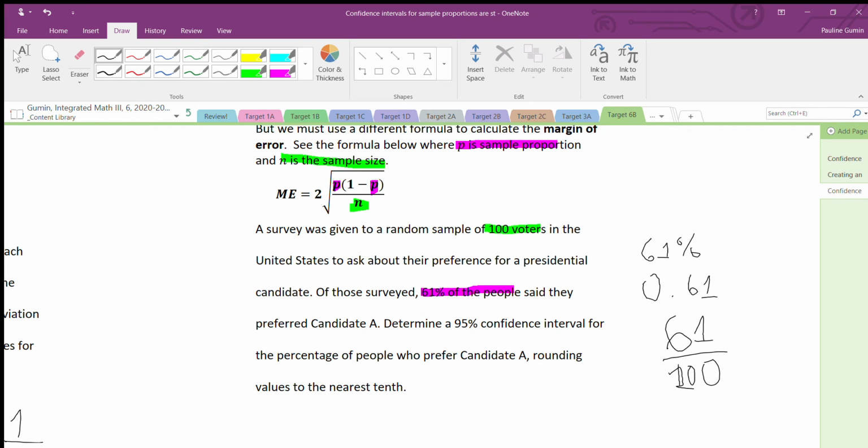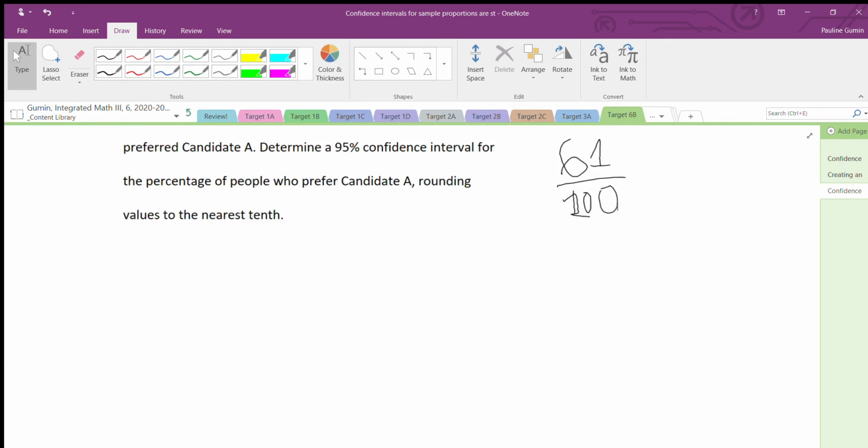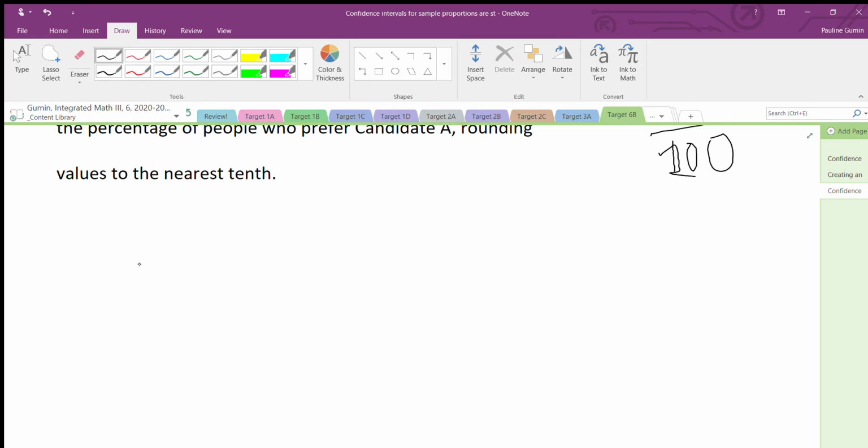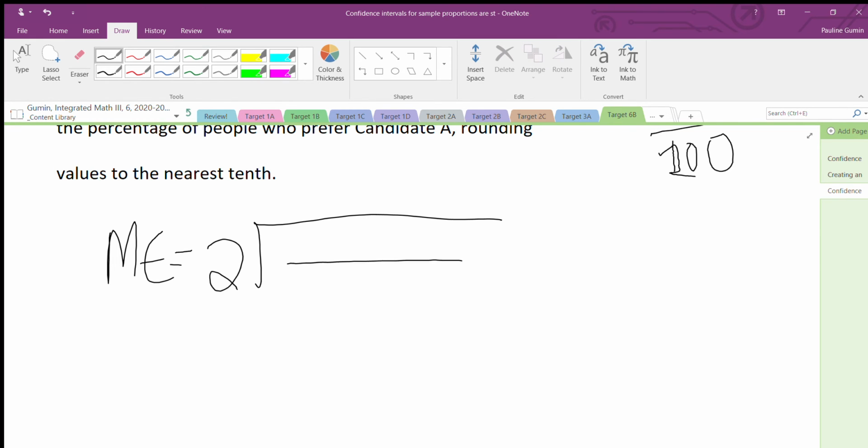So, let's calculate. Our margin of error is 2 times the square root of our proportion, 61%, times 1 minus that same proportion, over our sample size. We need to convert percents to decimals when we put them into problems.